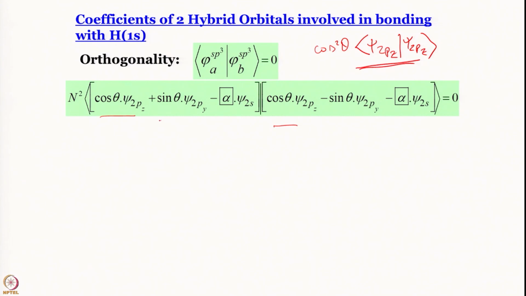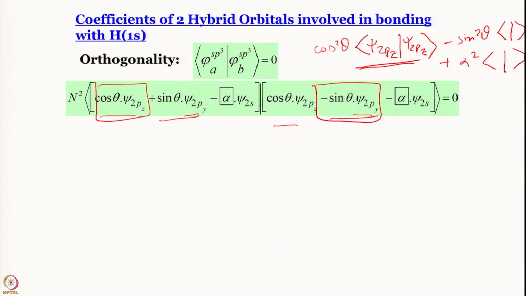Similarly, when you take sin theta psi 2py and minus sin theta psi 2py, you are going to get minus sin square theta integral, I will not even write it, psi 2py in bra, psi 2py in ket, that is equal to 1, and then you get plus alpha square psi 2s in bra and psi 2s in ket vector. However, if you want to take this and this, what will you get?